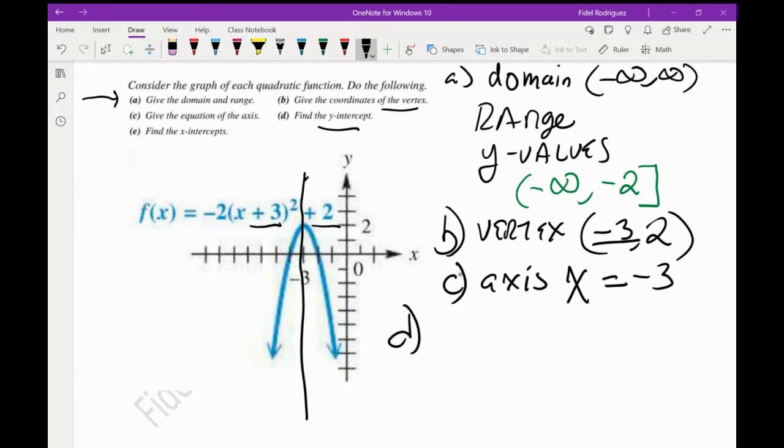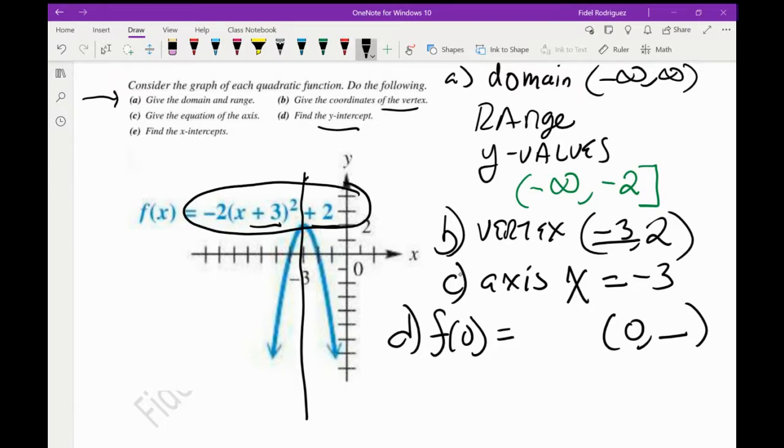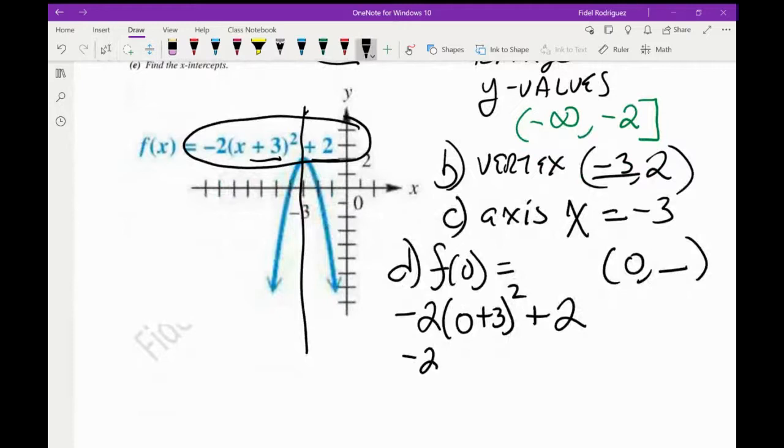Okay. Part D, we're going to find the y-intercept. So remember, the way we find the y-intercept is we plug in 0. So we're going to get a point 0, something, right? So I'm going to come back to this equation right here, and everywhere I have an x, I'm going to plug in the number 0. Okay. And so let's see. This is -2 times (0 plus 3), which is still 3, squared, plus 2. Now, guys, remember, I've got to do order of operations, so I do my exponent first. 3 squared is 9.